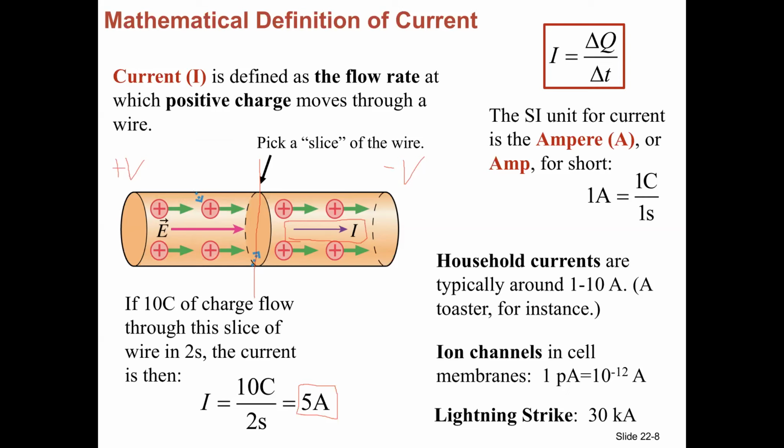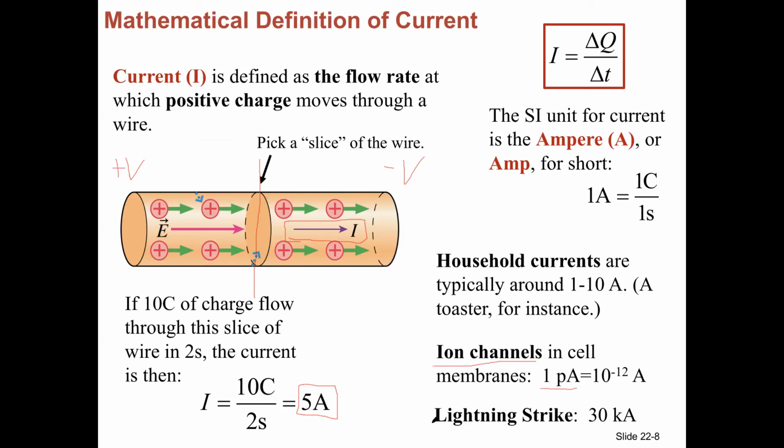Something like a cell phone charger gives you around 5 milliamps, so 5 millicoulombs per second. The ion channels we talked about in our cell membranes are about 10 to the minus 12 coulombs per second, or 1 picoamp.